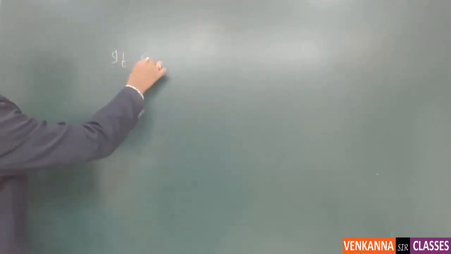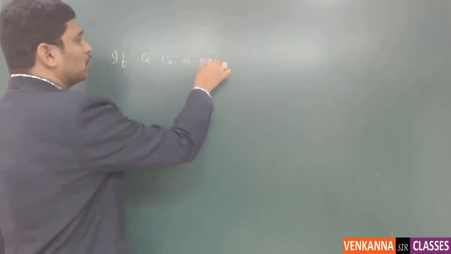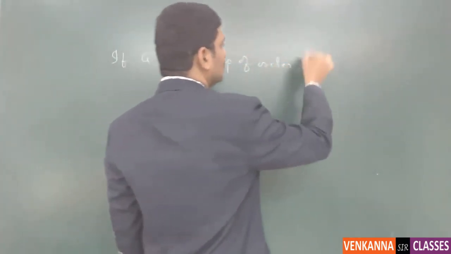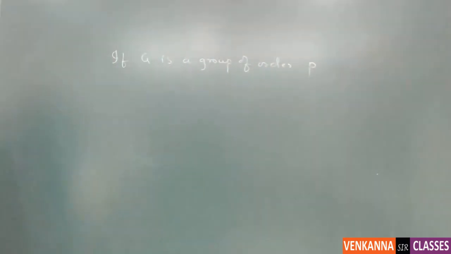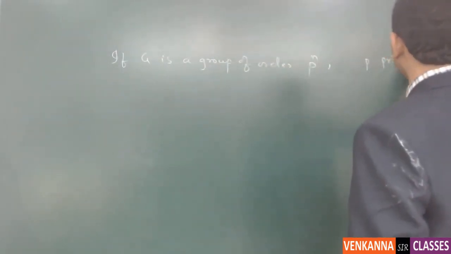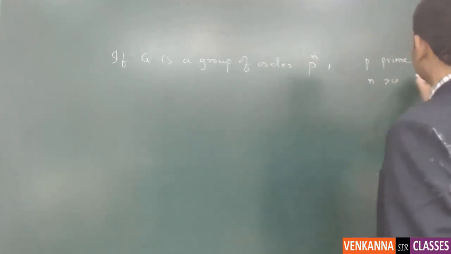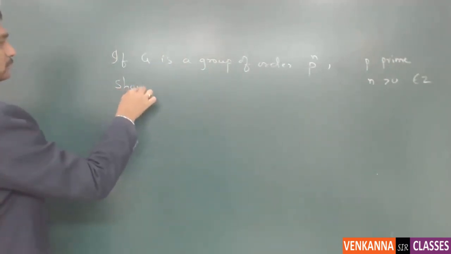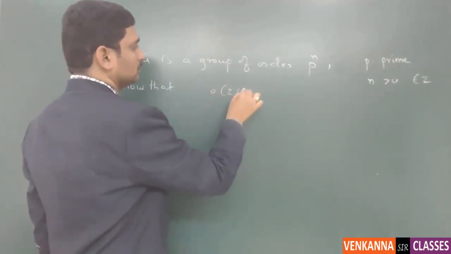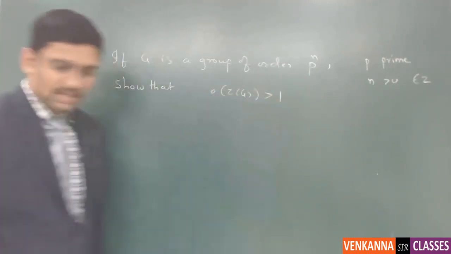So here the problem is, if G is a group of order p power alpha, or p power n, this is the problem.